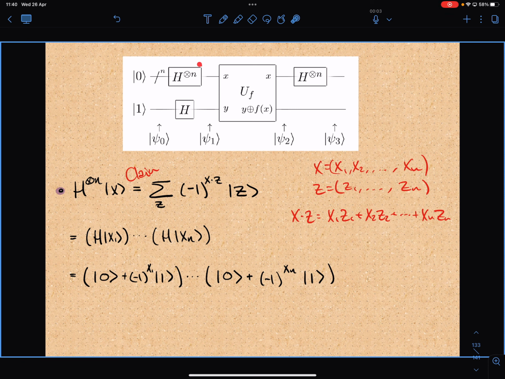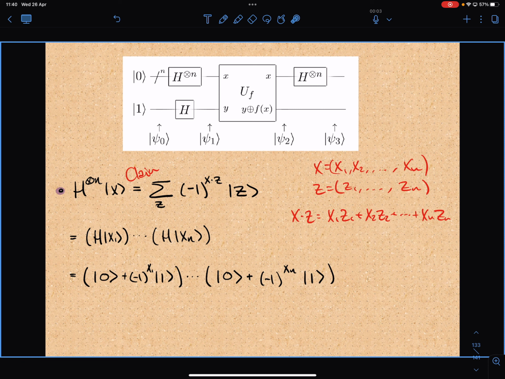Before, what we looked at was this action when x was equal to 0, and 0 dot z was equal to 0, so the phase was all equal to 1. So it was just a linear combination of all possible states.